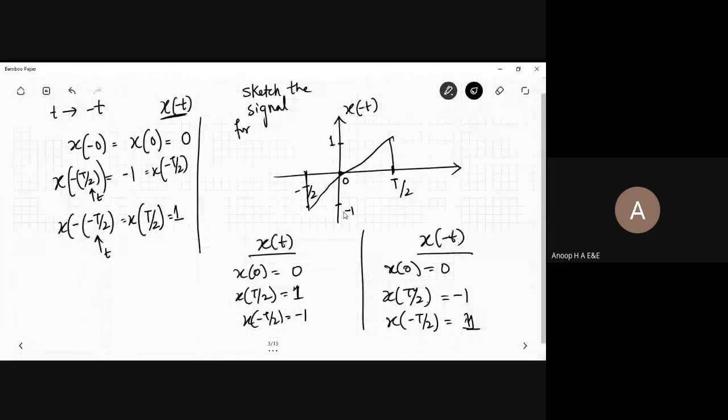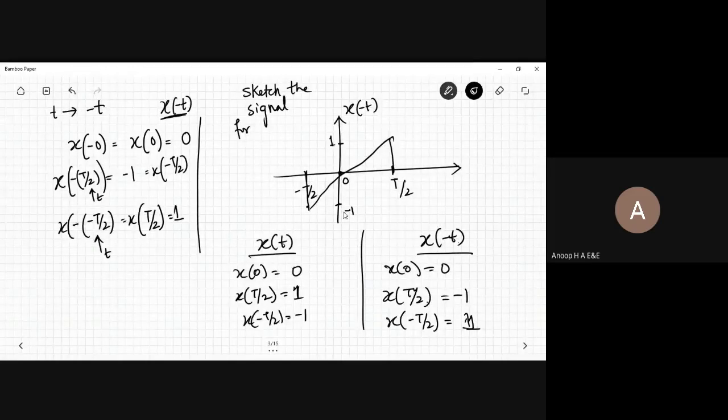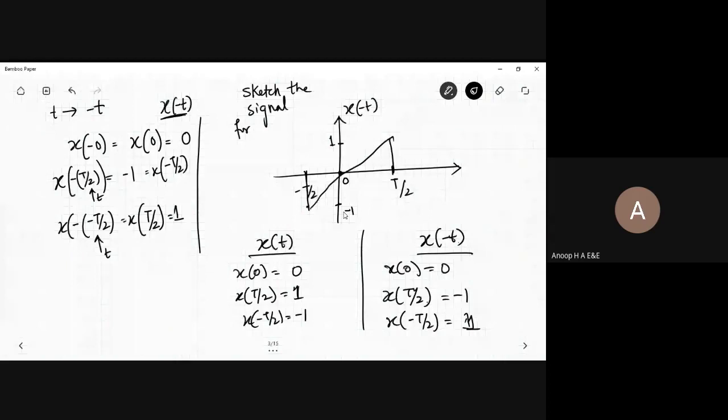To verify this signal as an even signal or an odd signal, the values need to be the same. So you need to multiply this signal by -1.